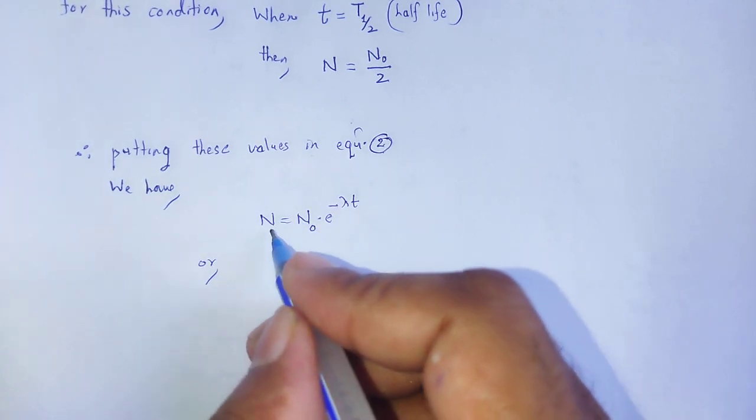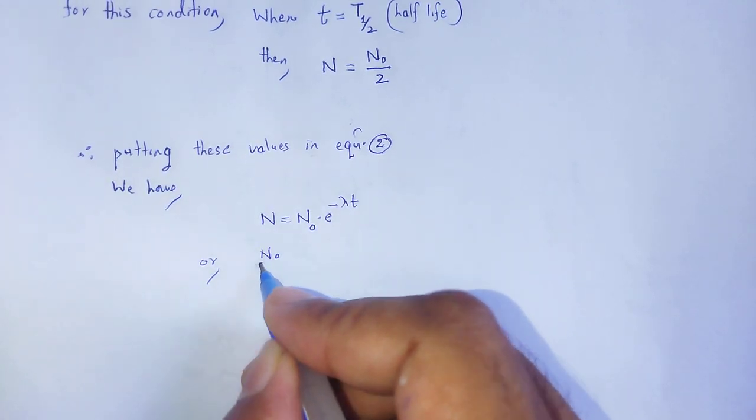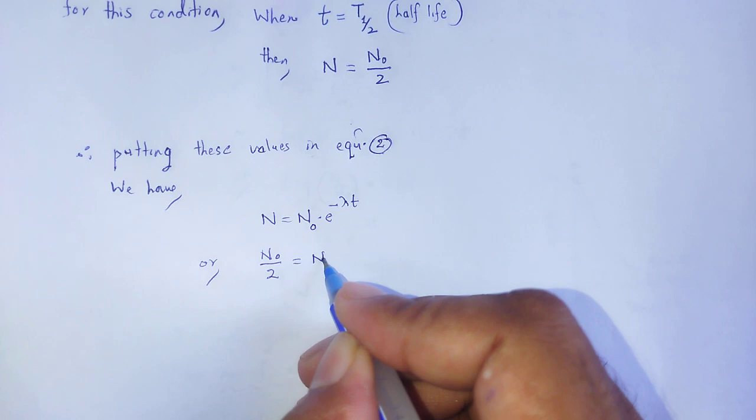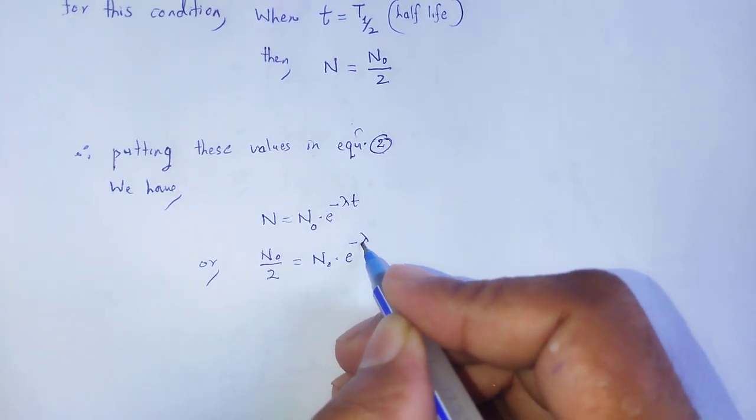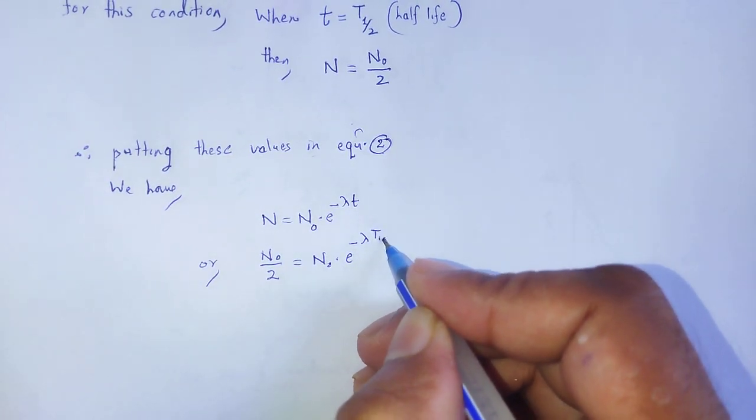Now, in place of N we use N naught by 2, which equals N naught e to the power minus lambda in place of t, that is t half.